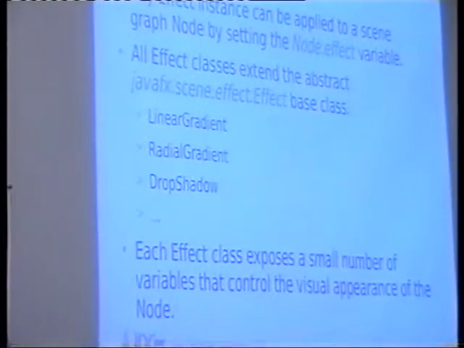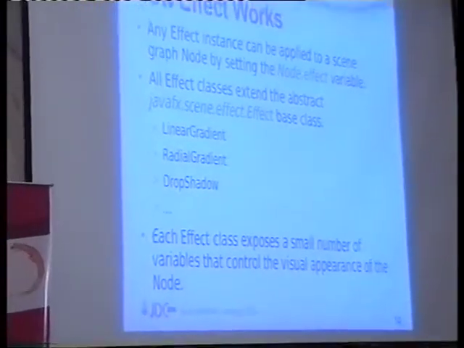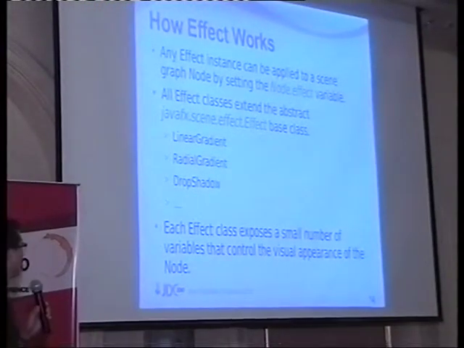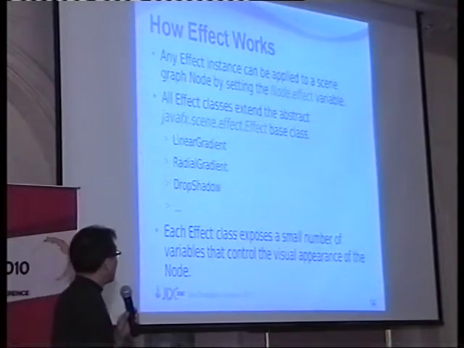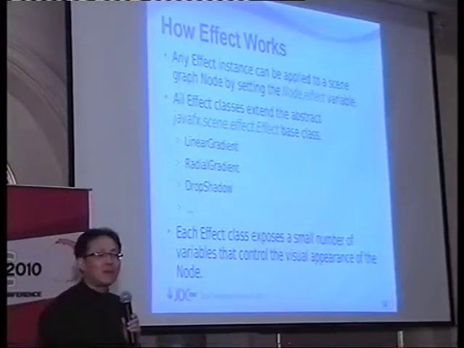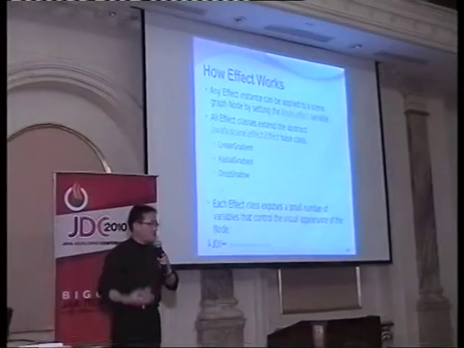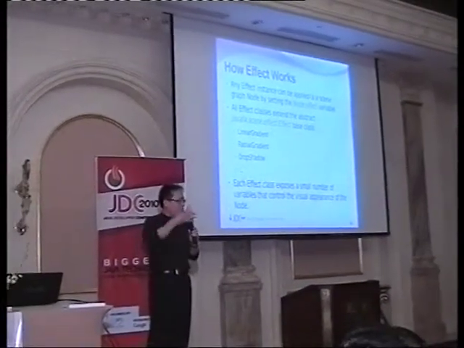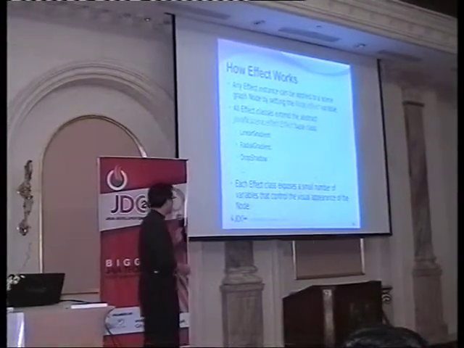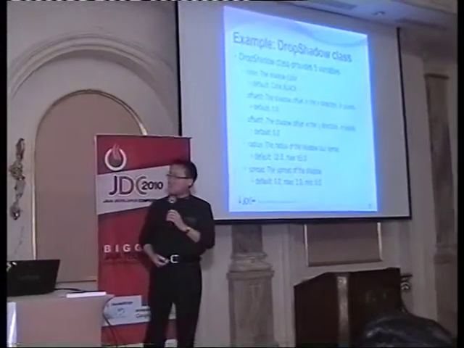There are lots of these effect classes, for example linear gradient, radial gradient, or drop shadow. Each of these subclasses has its own set of attributes that can be applied to have a different graphical representation. So let's talk about the drop shadow effect first.